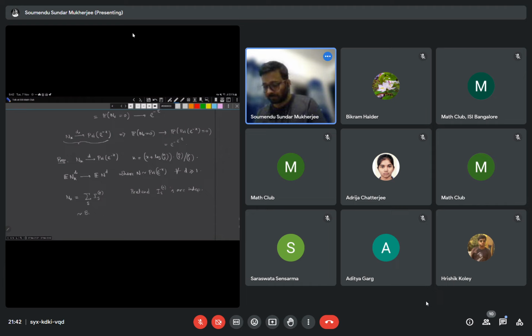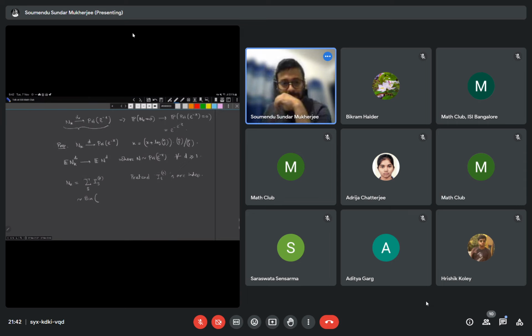What are the parameters? I_sk are Bernoullis, right? And what is the parameter? It is 1 minus theta to the power k, that's what you have shown earlier. So this is binomial with m and 1 minus theta power k, right?